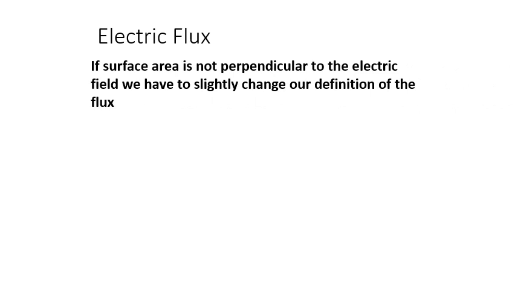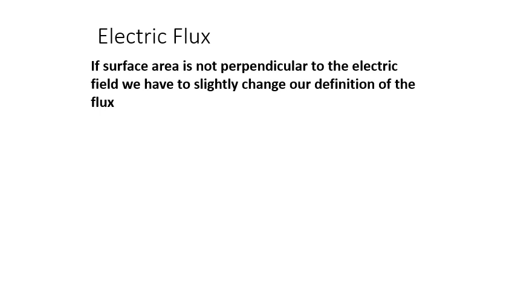In electric flux, as we discussed in the previous slide, the surface area chosen is very important. If the surface area chosen is not perpendicular to the electric field, we have to slightly change our definition. If it is perpendicular to the electric field, then it is always equal to EA.